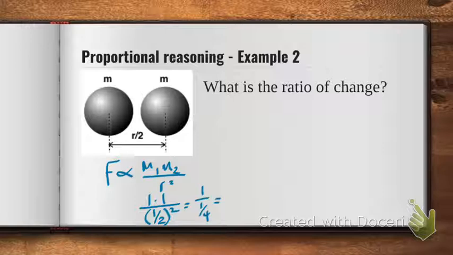And when you divide by a fraction, you multiply by the reciprocal. So the ratio of change then is 4, or you could say 4 times. So that means when I draw my vector, it'll go pretty far out, and so will the other one.